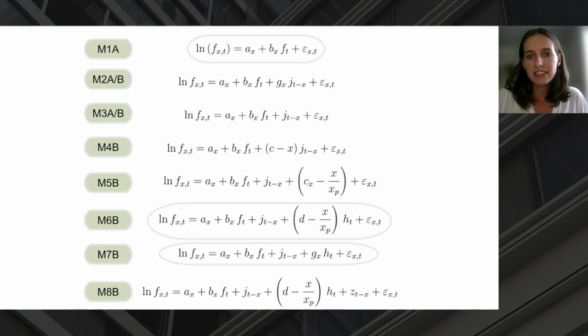We tried 8 different model variants, and among them, models labeled as M6B and M7B appeared to be the most suitable. In the case of this model, the estimated parameters may not have a straightforward interpretation, as the models are highly parametrized, and the effects of parameters become more distributed among each other.